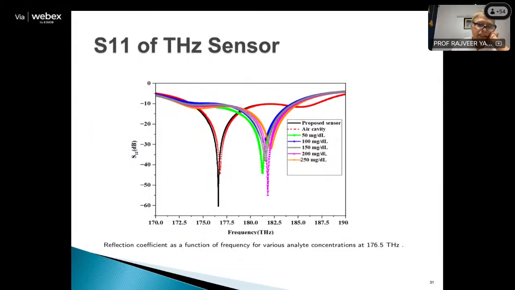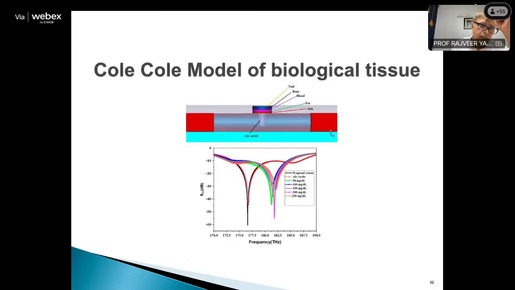So these are the responses we have noted down. We have taken a frequency of 170 to 190 terahertz, and using this Cole model, these are the readings reported from 50 to 250 mg/dL. This is again the depiction of the Cole model which we have developed.